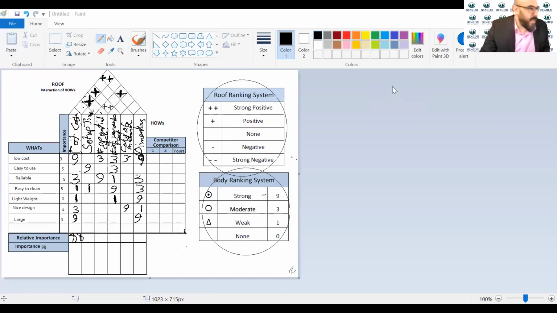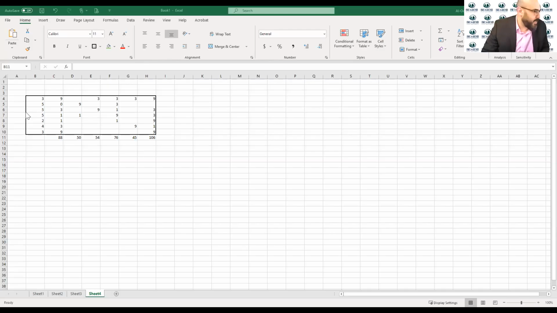All right, guys. So now let's get back here. What I did here is calculate the weights. So this is basically each criterion, whether you use your calculator or Excel or whatever you want to use to do the calculation. These are the importance based on the customer needs. I listed down, based on the brainstorming and conversation with a cross-functional team, the relationship between the hows and the whats.